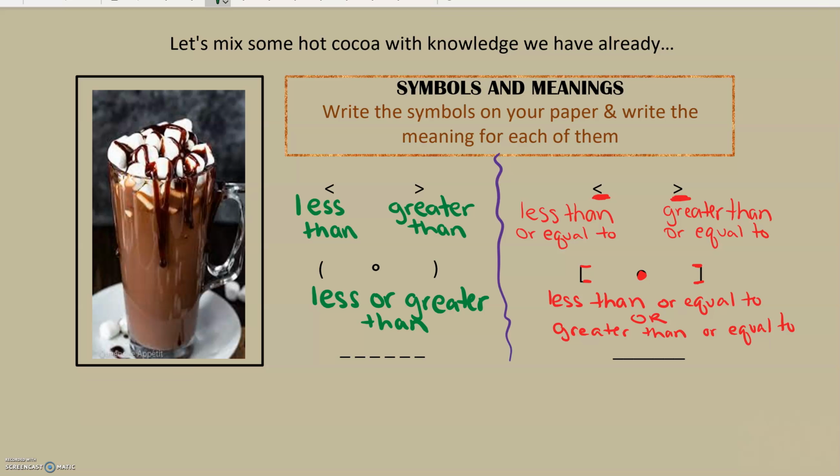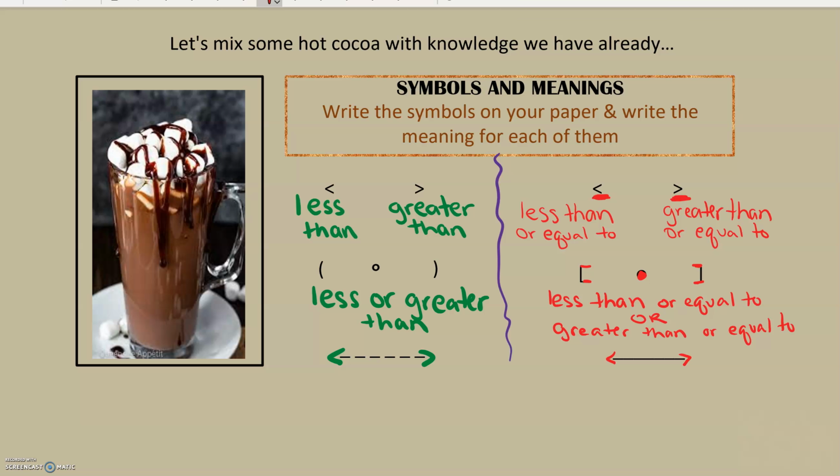So if that inequality statement has that less than or that greater than symbol, when you graph it, you're going to have that dashed line. And if that inequality statement has the less than or equal to or that greater than or equal to symbol, you're going to graph that on the graph as a solid line. And you will see that in practice tomorrow.